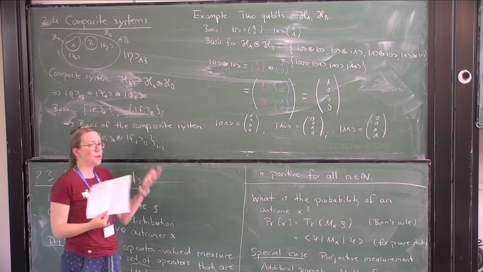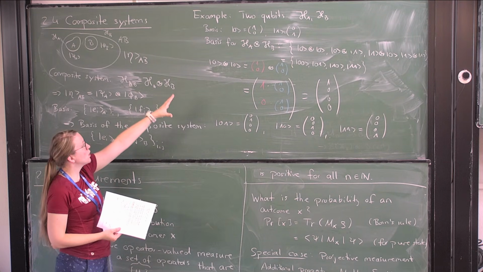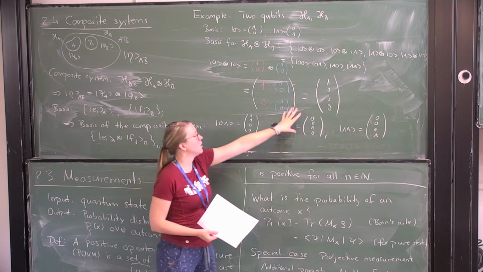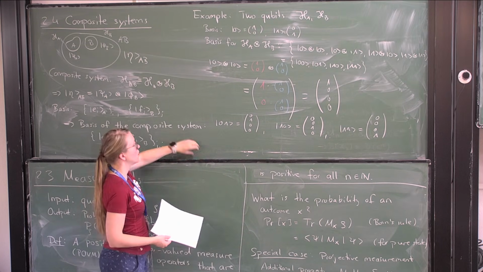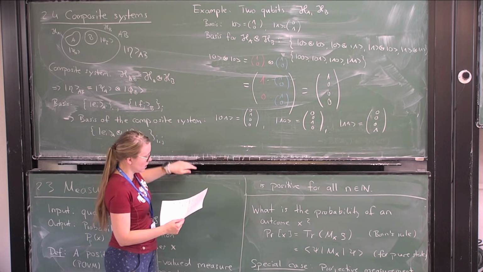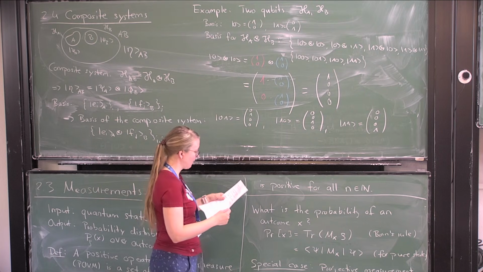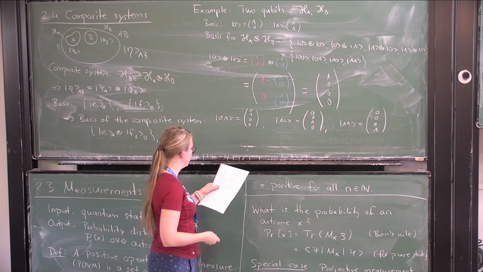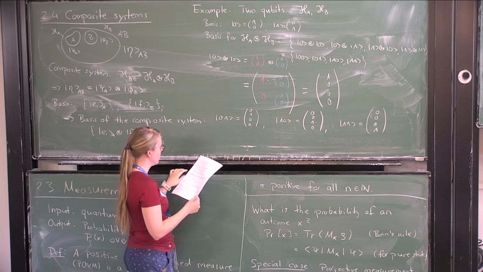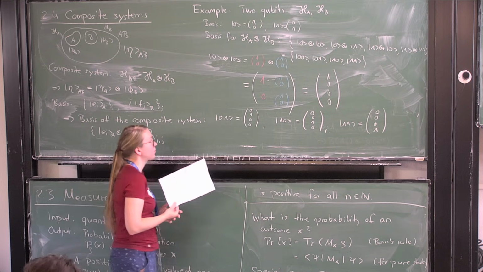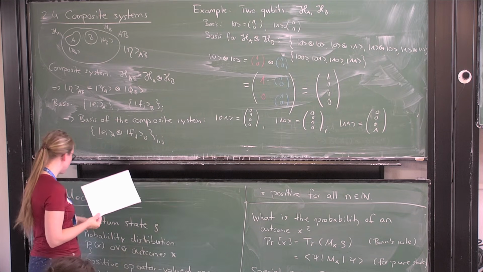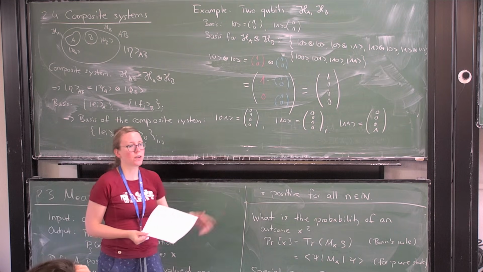And then the general quantum state in this 2-qubit space would just be a general linear combination of these basis vectors. So, yes, this is how you can construct these bases.